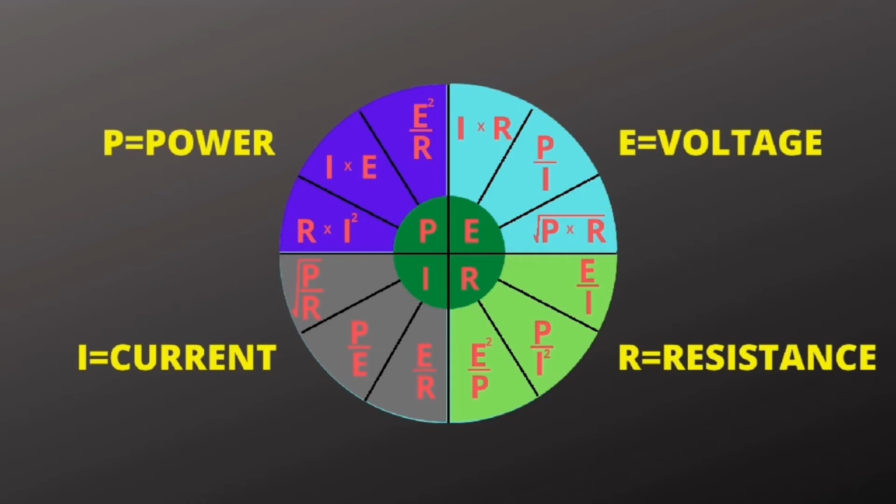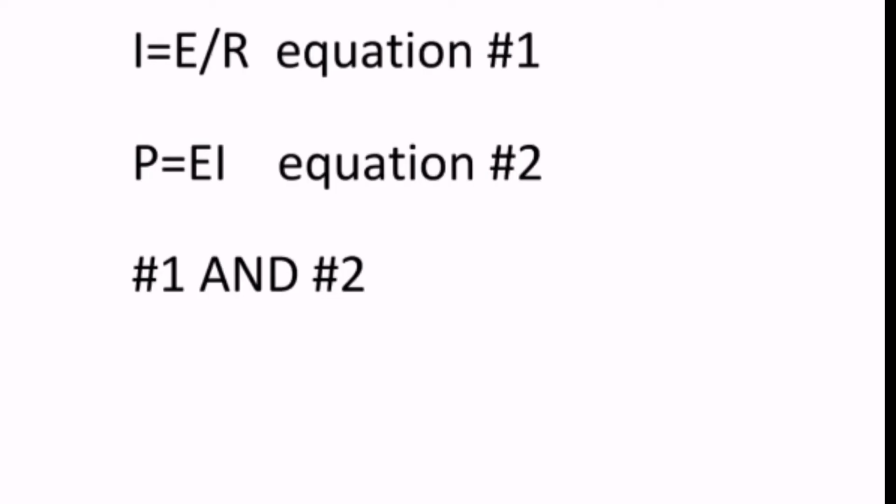Another example, guys, is if you have voltage and resistance given, what is the power? Again, we use I is equal to E divided by R and P is equal to E times I. You have to use again the two formulas. Just remember, guys, that if you find the given in both formulas, that means you have to use the two formulas.